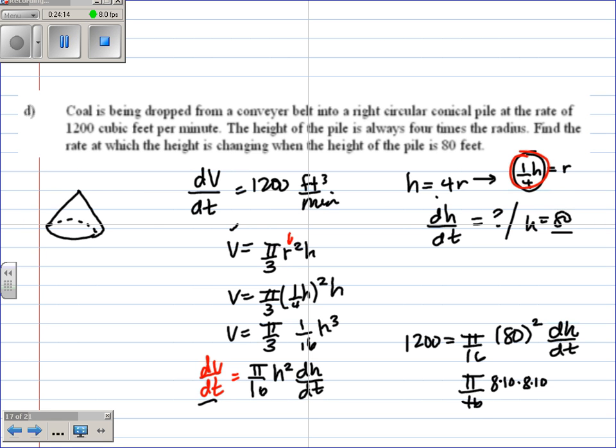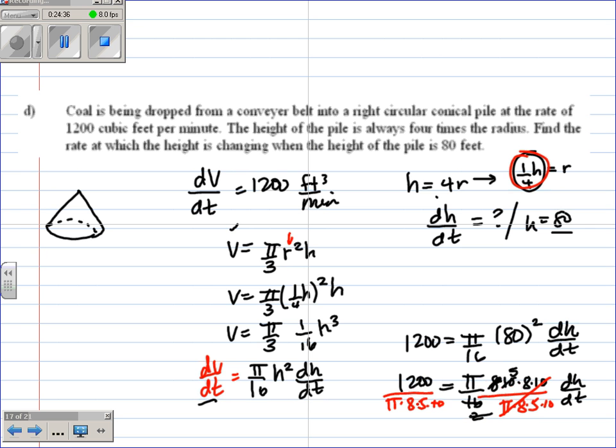So divided by 8, we can make this 2. Divided by 2 and make this 5. I'm just doing this without a calculator. So we need to divide by pi and 8, 5 and 10.